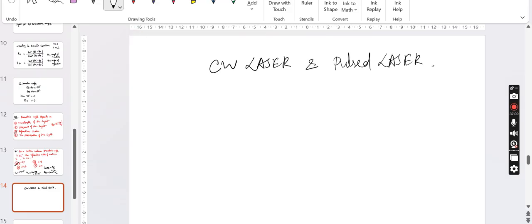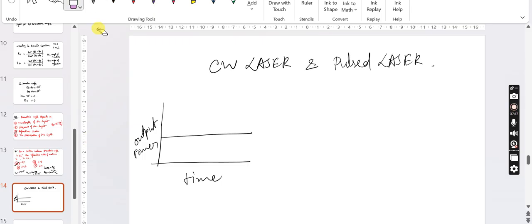So CW laser, the continuous wave laser, is basically one whose output power with time is continuous.